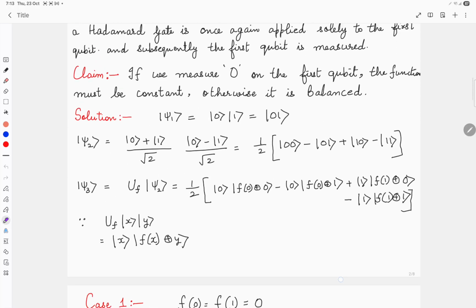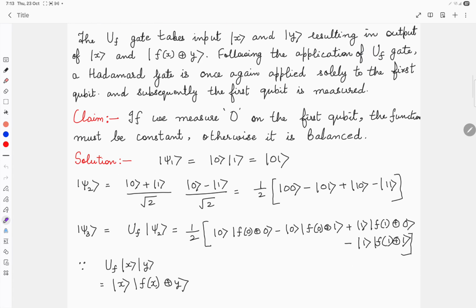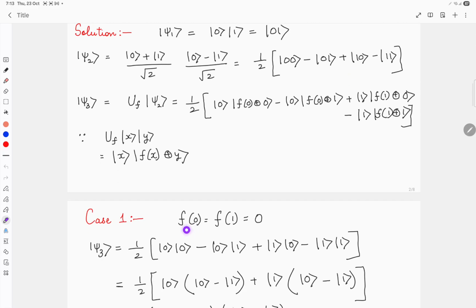The same circuit can be tested for other types of functions also, like f(0) equal to f(1) equal to 1. Here I took the case of f(0) equal to f(1) equal to 0, but you can take other cases also. And for the balanced function you can also verify the output. In the case of a balanced function, f(0) will be equal to 0 and f(1) will be equal to 1.